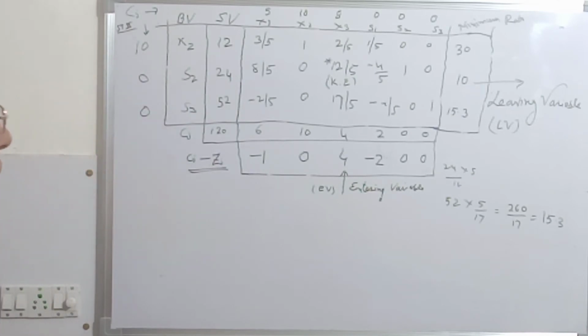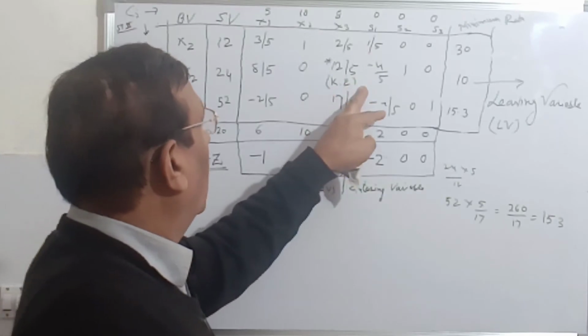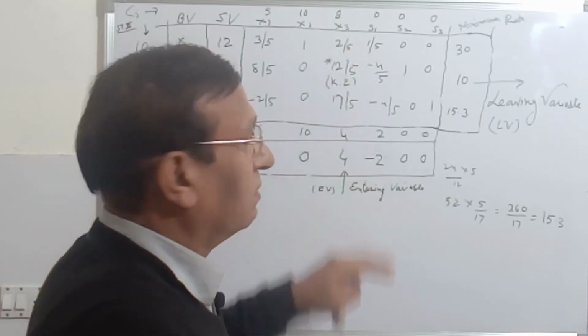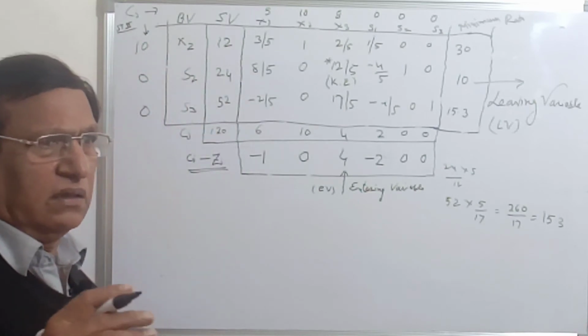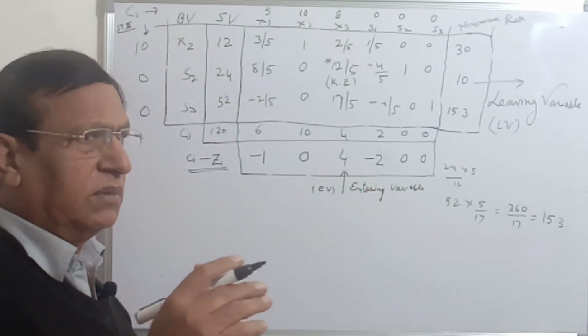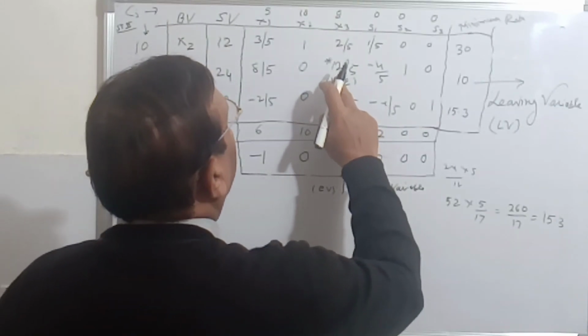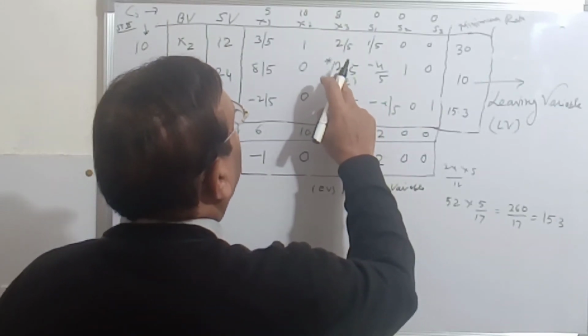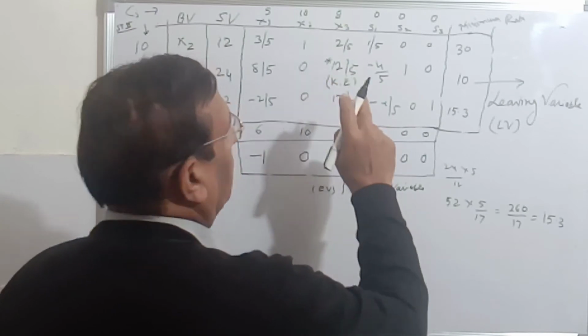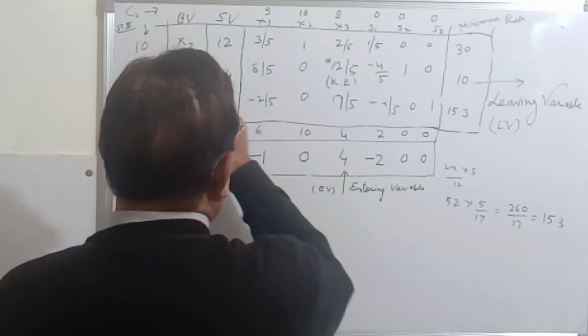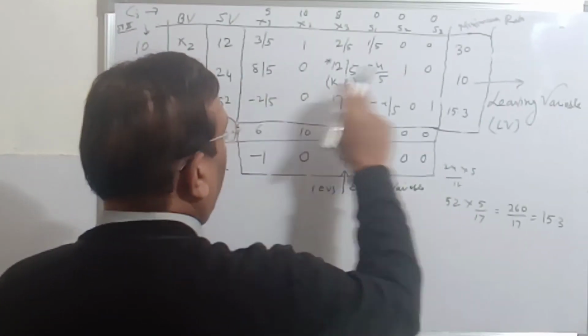Now you want to make the key element 1 here and 0 over here. This is all simple basic mathematics. If you want to make 1 over here, then you have to divide by 12 by 5, or you can multiply by 5 by 12, you will get 1. Then you have to multiply or divide the whole row.